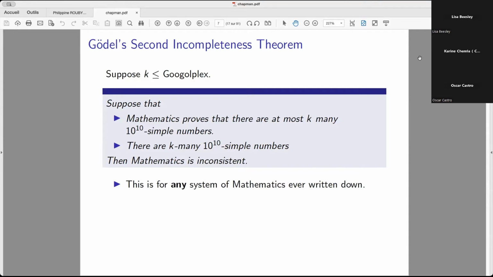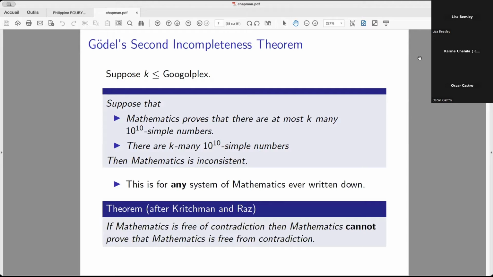And this is true for any system of mathematics ever written down. Well, now we have the second incompleteness theorem. If mathematics is free from contradiction, then mathematics cannot prove that mathematics is free from contradiction.